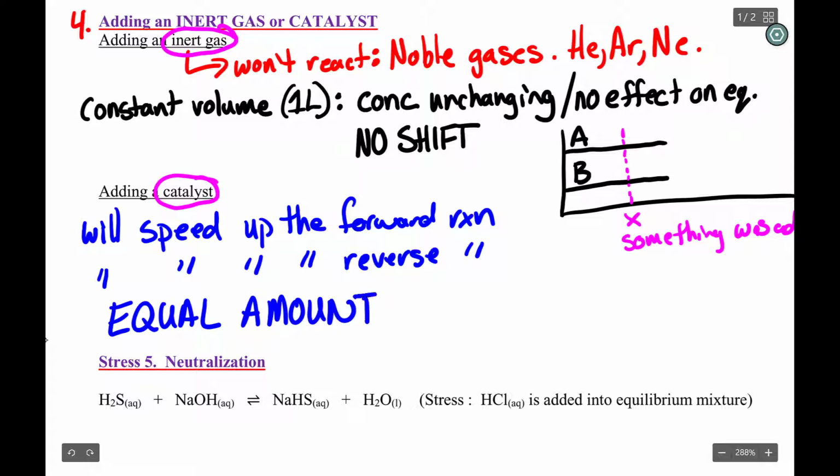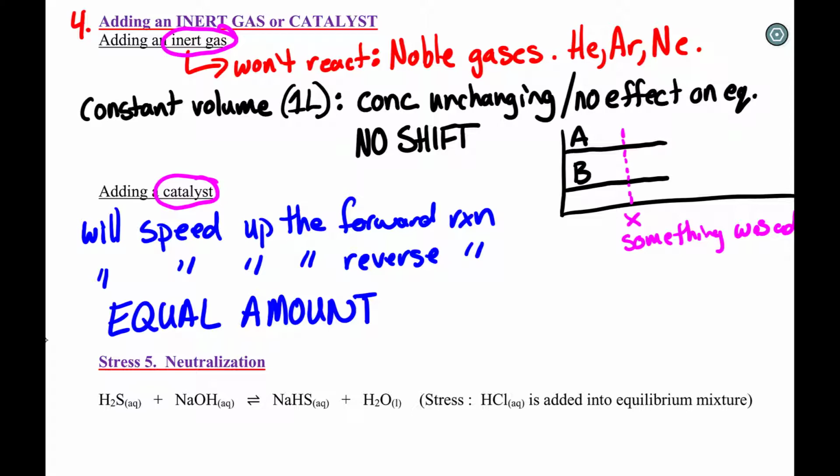Now, if you're speeding up forward by 5 times and reverse by 5 times, then you're still at equilibrium, and there's not going to be a net difference in the concentrations of products and reactants because we're getting equal speeding up. Right? At equilibrium, the forward and reverse reaction are going at the same rate. So if we're speeding up forward and reverse at the same rate, we're still at equilibrium.